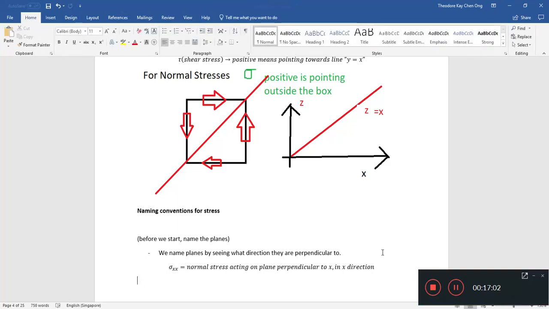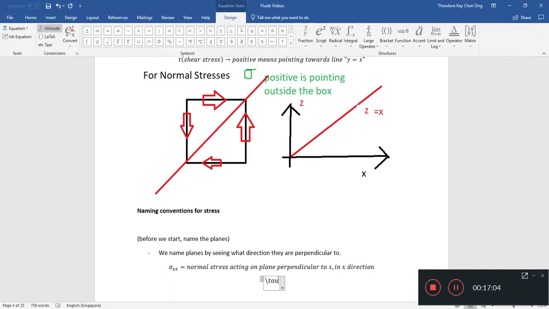Got it? Alright, so tau yx equals shear stress acting on the plane perpendicular to y, and the stress is in the x direction.